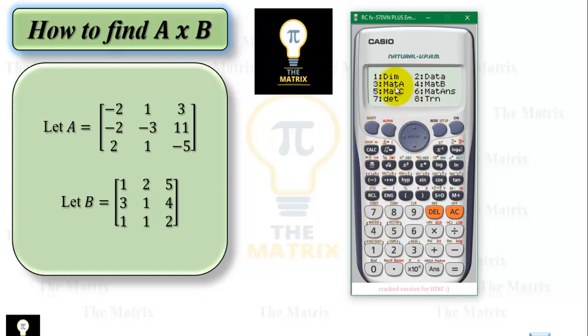Now you can select Mat A as the third number, into shift 4, and Mat B is at number 4. So you can see here Mat A into Mat B, equal to gives us the product of the two matrices, that is 400, 040 and 004. So this is the way we can find the product of two different matrices.